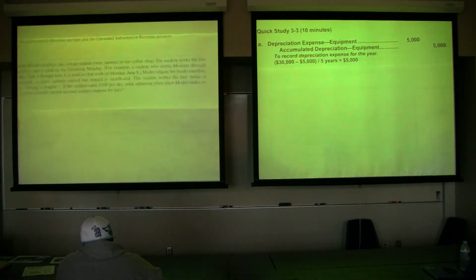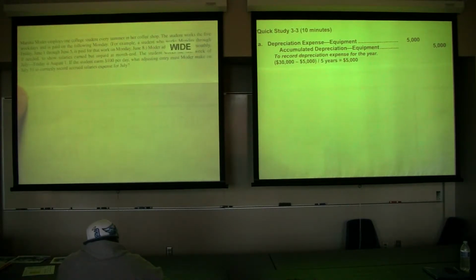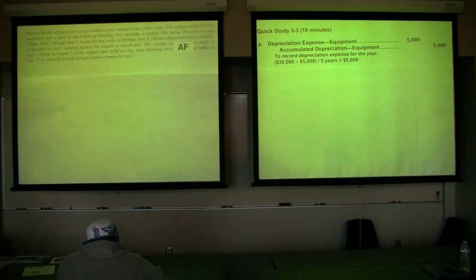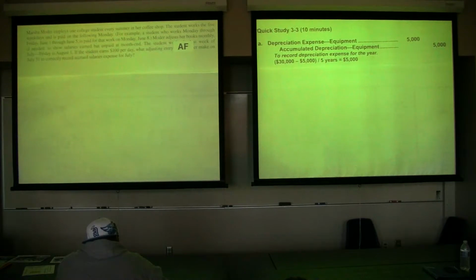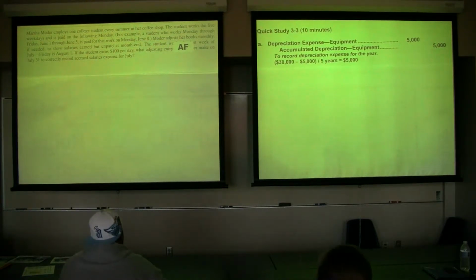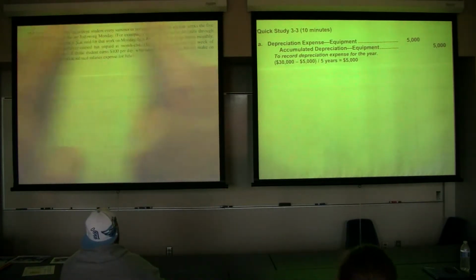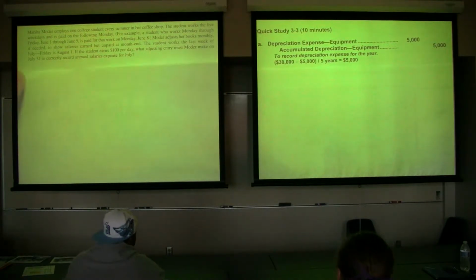I'm gonna fold this in half so it lays a little better, it's easier to read. Okay, so here's 3.5. So what we have here is, let's see, I'm gonna wait for the projector to get up there. All right.